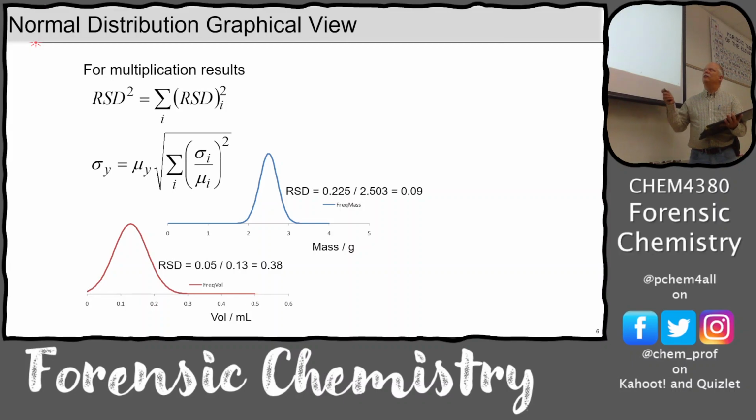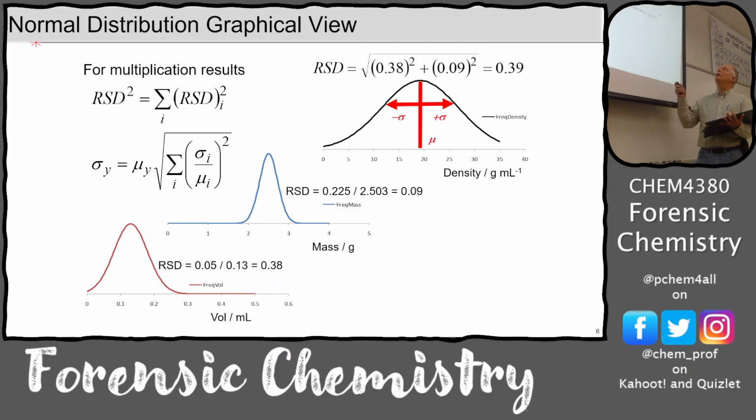Squaring these values and adding them together and taking the square root, we get the overall result. So the 0.38 squared, 0.09 squared, take the square root. That's the RSD for our result of 0.39. Notice how it's very close to this one, 0.38. The mass uncertainty only added one more step to that, 0.39.